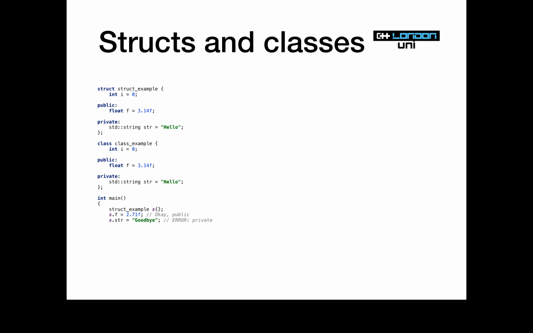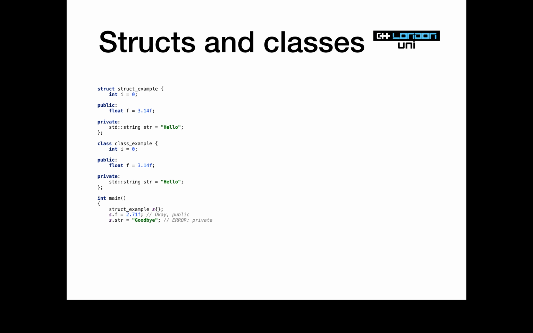When you've initialized S in main, you have a private member in your struct example, so you would have needed a default constructor, wouldn't you? That's a good observation, but this is actually fine. There's something a bit subtle going on here.